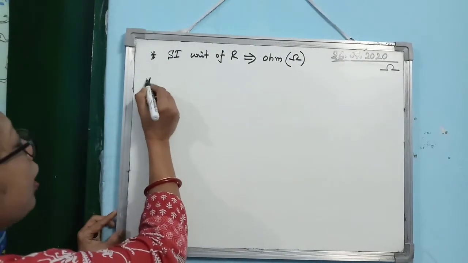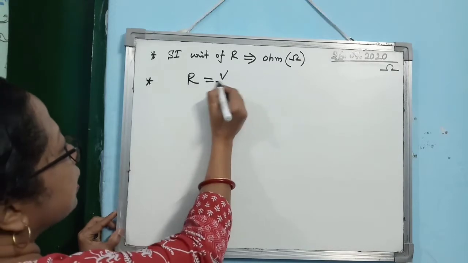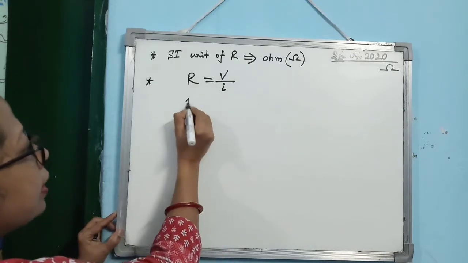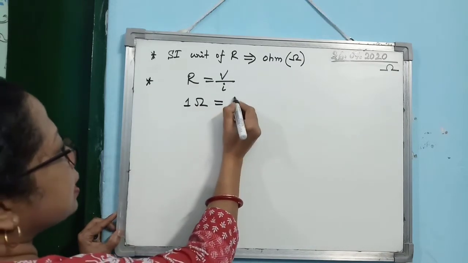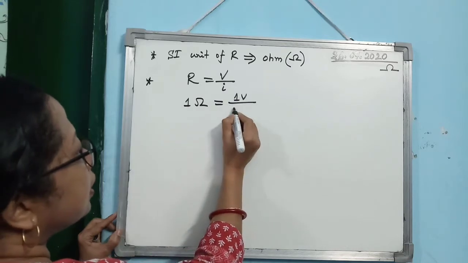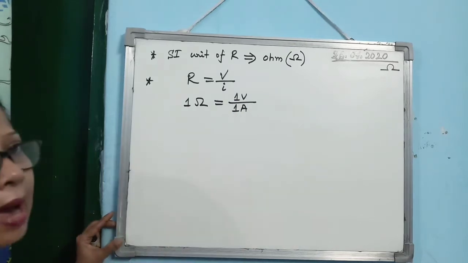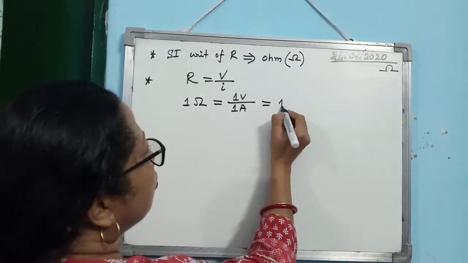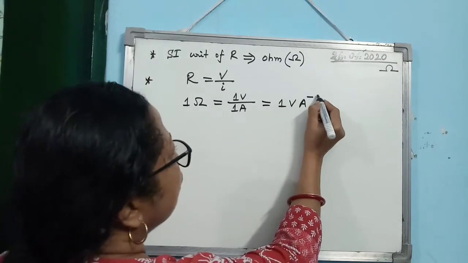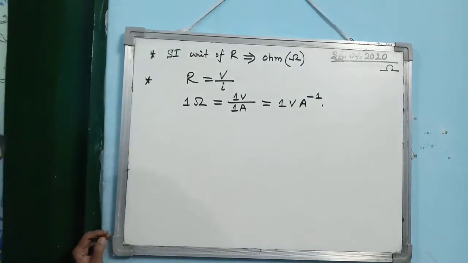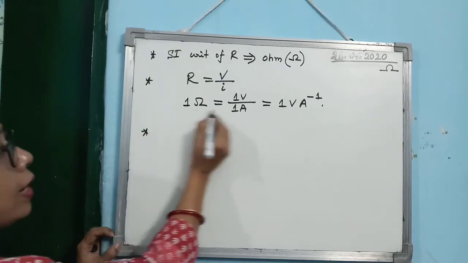Now, according to this relation, R is equal to V by I. What you can write is 1 ohm is equal to 1 volt divided by 1 amp. So 1 ohm, you can write as 1 volt per amp. Clear? So how can you define 1 ohm?